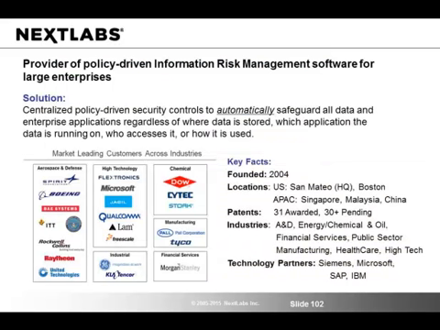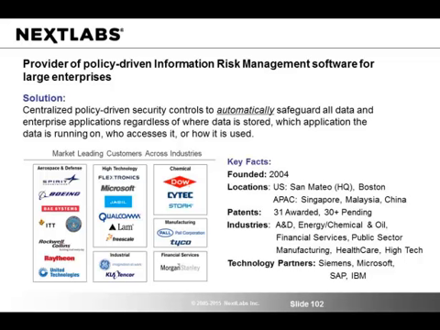Okay, and I think we're ready for Jan to go over NextLabs. Sure. So just a few words about NextLabs. We are a software company headquartered in San Mateo, California, and we are a provider of policy-driven information risk management software for large enterprises. So the DRM solution that we presented today is one of those solutions.